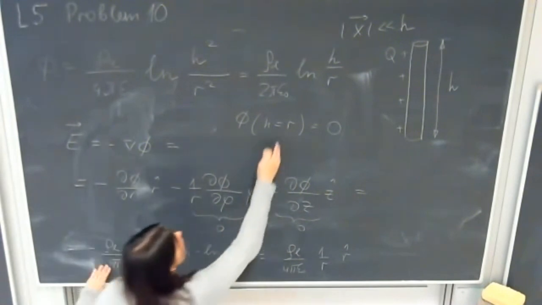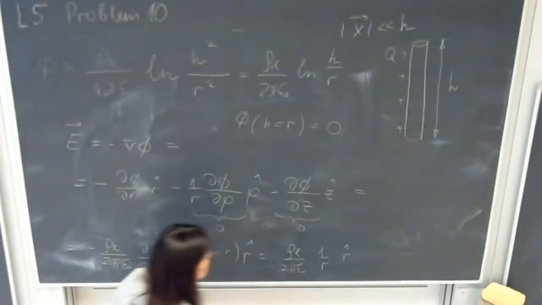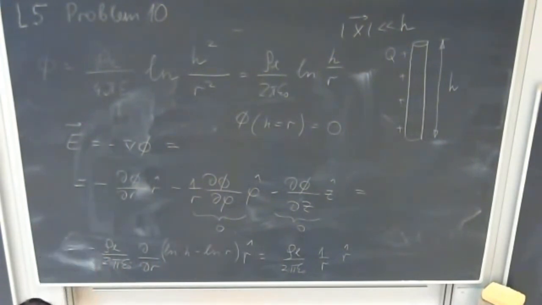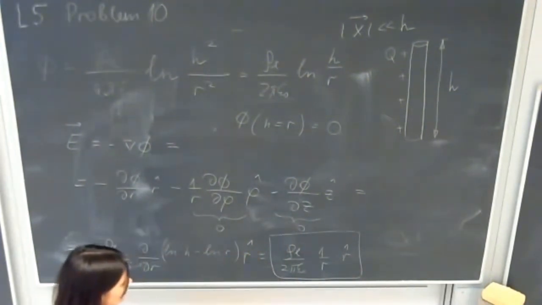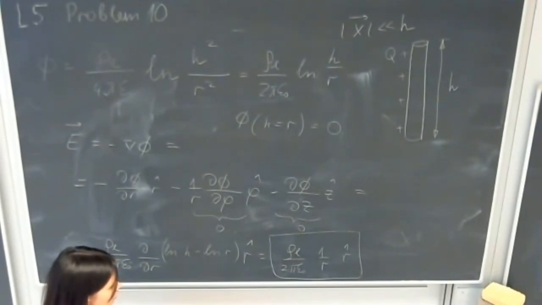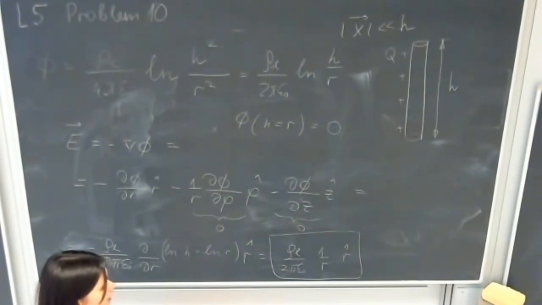Yes, of course. This is 2 pi. 2 pi epsilon naught. Yes, this is the solution for the electric field of this long thin rod in the r direction, and it looks like Gauss's law.